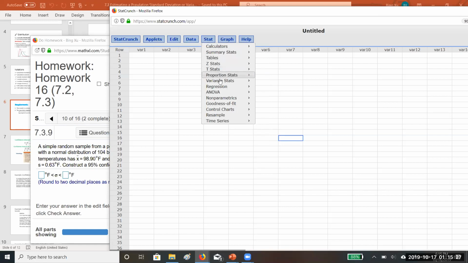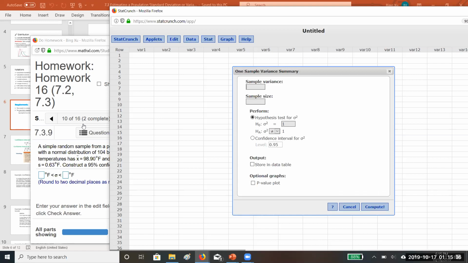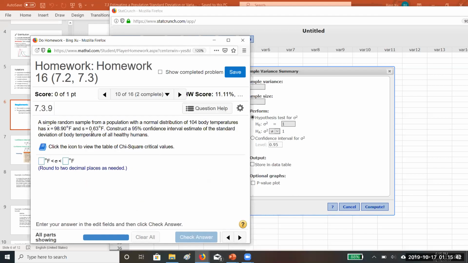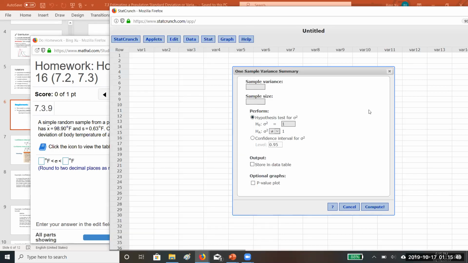So let's see. It's Stat, Variance, one sample, and this one is with summary. Sample variance, you may think it's S, but that's sample standard deviation. Sample variance is S squared.